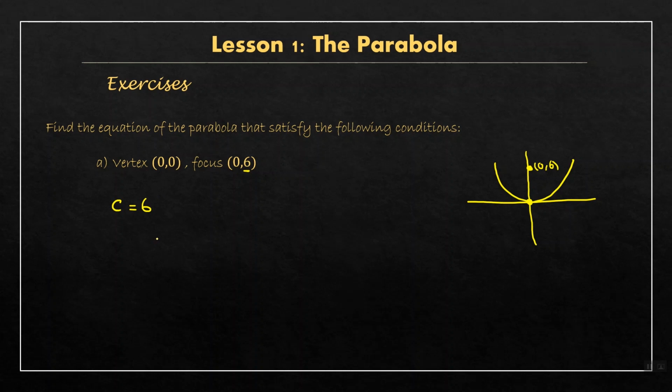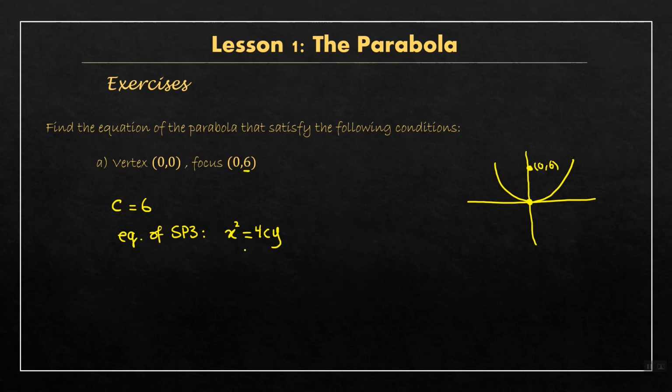And we know that the equation of standard position 3 is x squared equals 4cy, because we are going to have the positive y-axis.